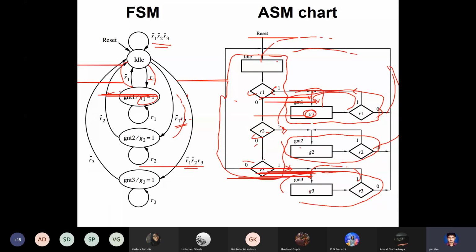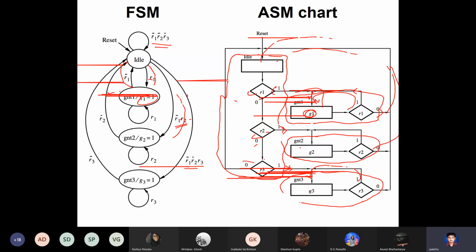So this ASM chart is a much better, much easier representation than the FSM. There is another advantage. All of design is modular now. So you design modules. Even at the very highest level, you have a power module, a timing module, a communication module in a mobile chip.